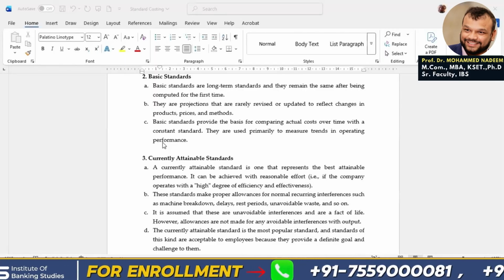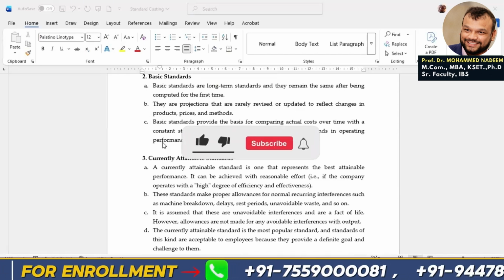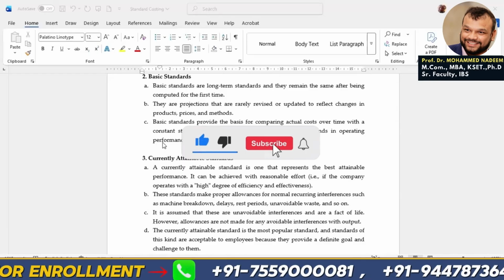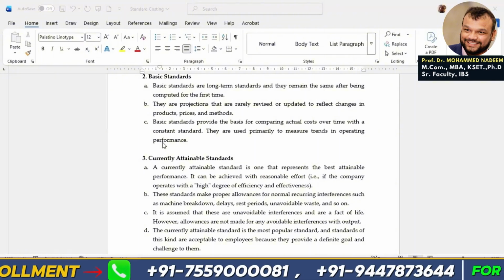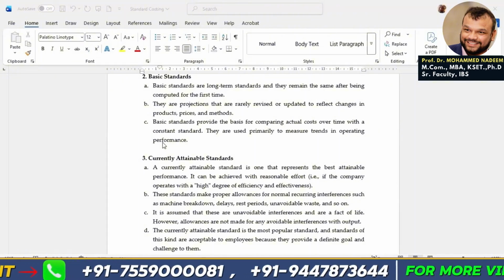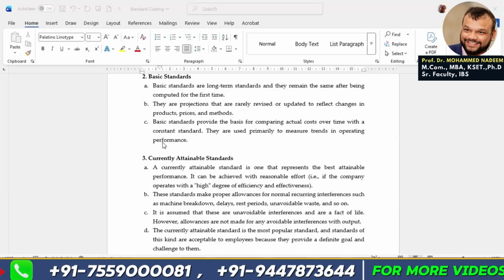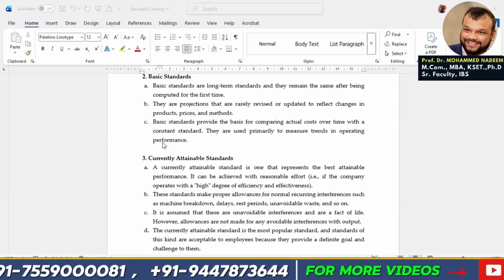See, when we keep a standard, we should know that people should attain it. Attain means output should be there. Simply we can't say 5 products, 5 hours and 1 kg of raw material. We can't keep that kind of target for them. That has to be done practically before.